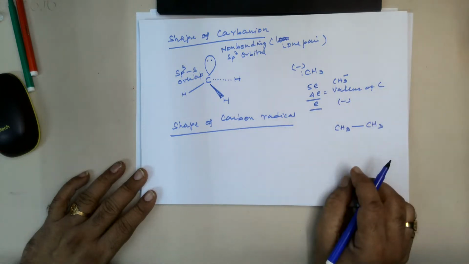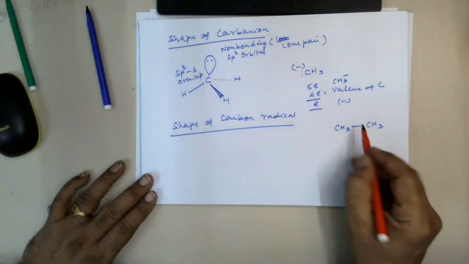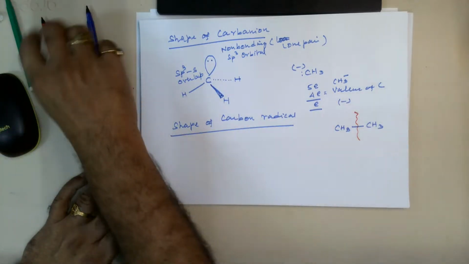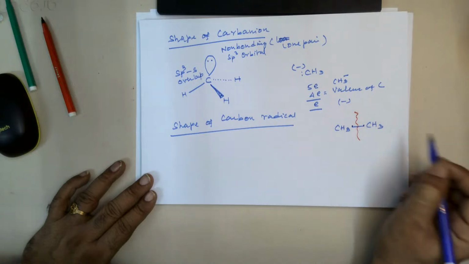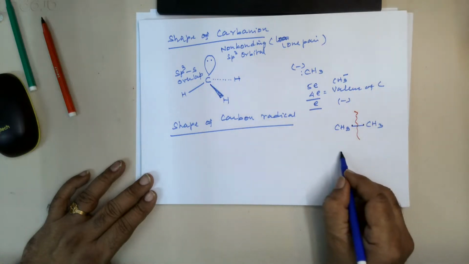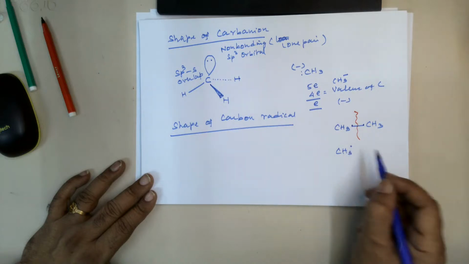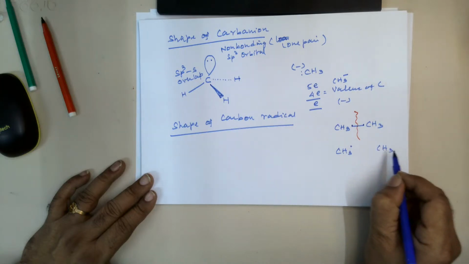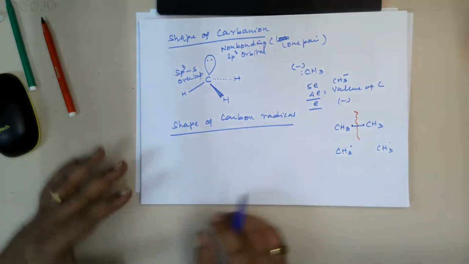As I already mentioned, if there is a homolysis, it results in free radicals. Two free radicals. This is an electron, this is another electron. So this splits into CH3, and a free radical is represented by a dot. So CH3 with a dot means they are free radicals. So how to represent this free radical?